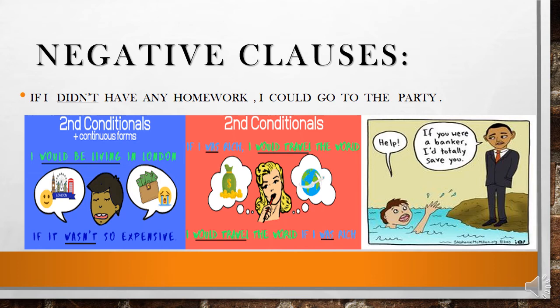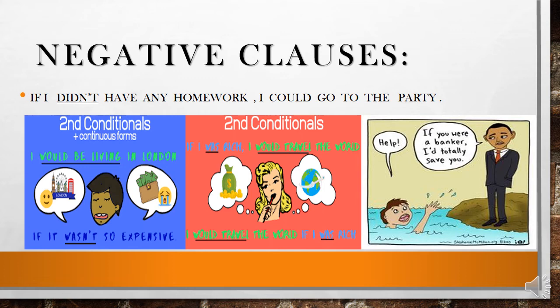Look at the first example here in the blue picture. I would be living in London if it wasn't so expensive. Now the parts are switched. So you can start with the result and then write the condition, or you can start with the condition and then write the result.